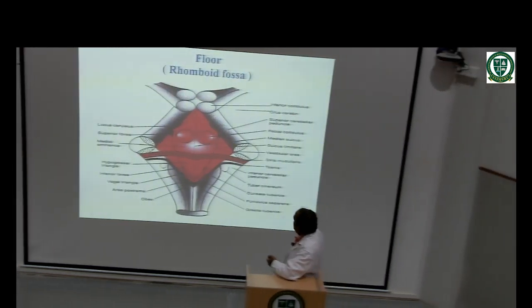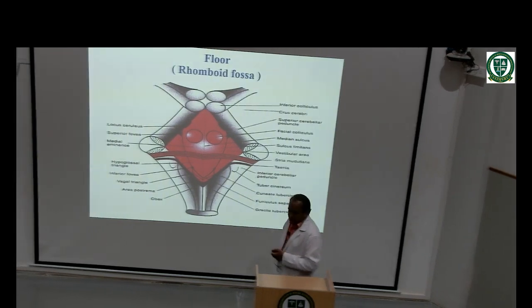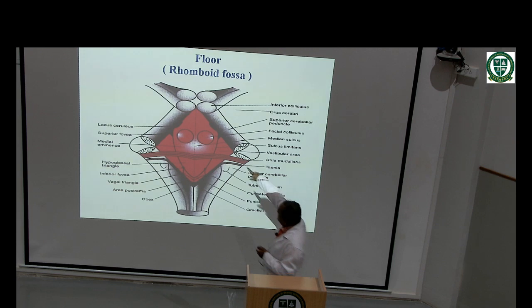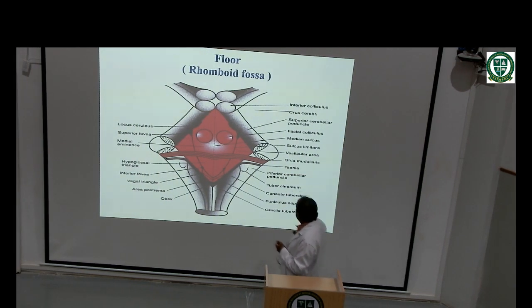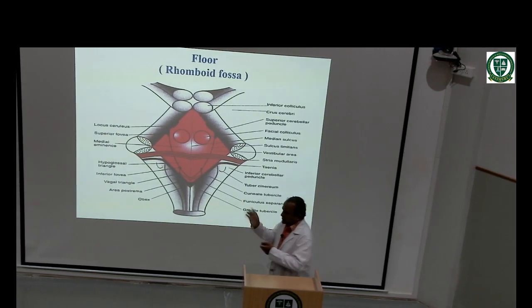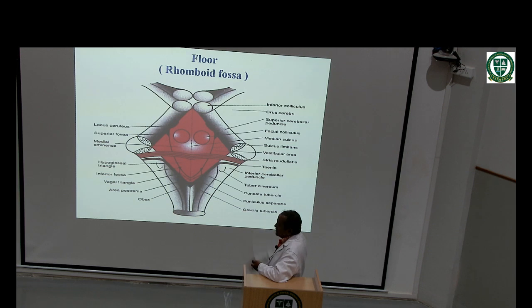In the midline you have the median sulcus, from the superior angle to the inferior angle. This median sulcus, the dotted line, divides the floor of the fourth ventricle into two equal halves.